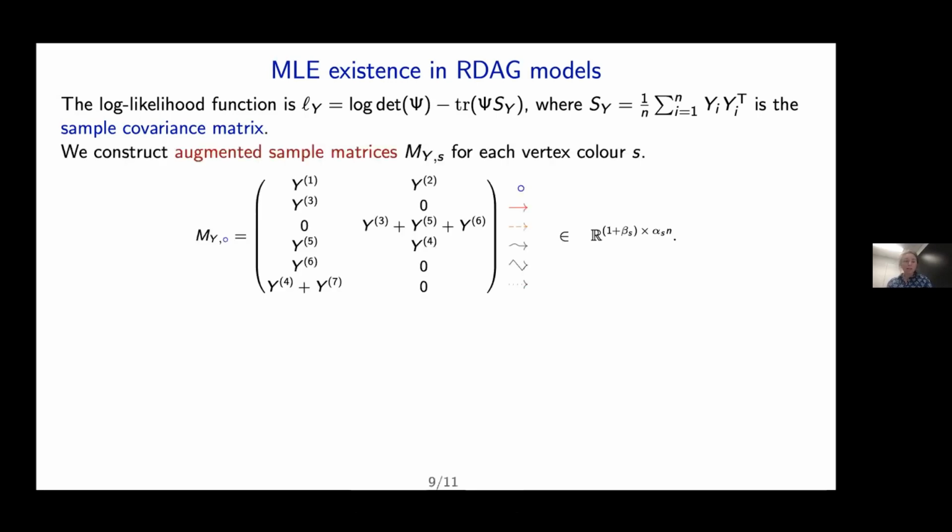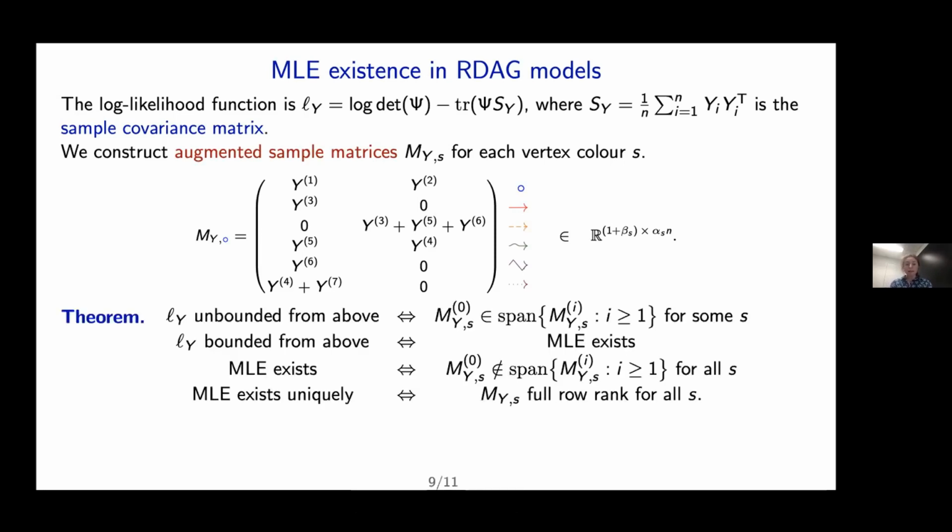And then we construct these augmented sample matrices, one for each vertex color. So here's an example of what that might look like. And then we can relate the properties of the log likelihood to the properties of these augmented sample matrices. The log likelihood is unbounded from above if and only if the 0th row of the augmented sample matrix is in the span of the others.